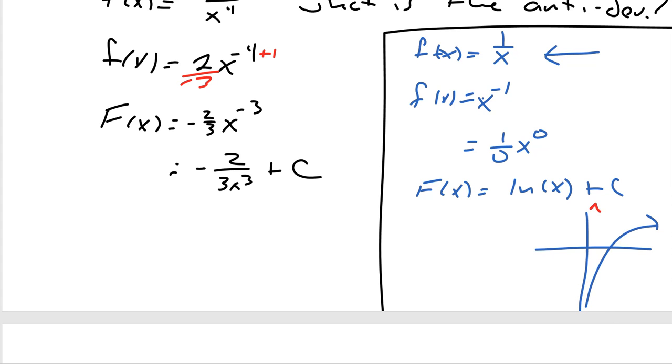Well, 1 over x is defined on the negatives as well, not just the positives. So in order to deal with that, we put an absolute value sign here. The antiderivative for 1 over x is the natural log of the absolute value of x. Because on any of these negatives, we need to change those to positives in order to be able to evaluate it, right? So those little absolute value signs are important. Don't forget those.